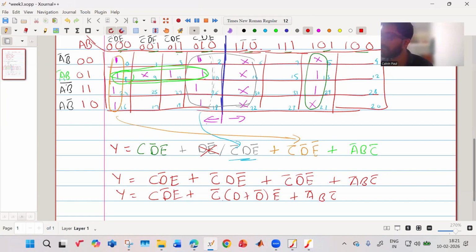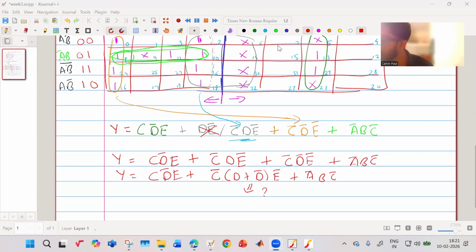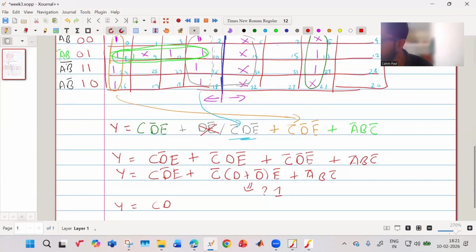So what is d plus d bar? Can anyone tell what is d plus d bar? It is 1. Yes, very good. So d plus d bar is 1. That's why y is c d bar e plus c bar e bar plus a bar b c bar.